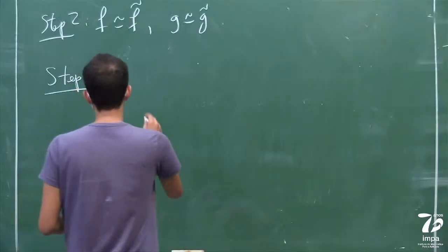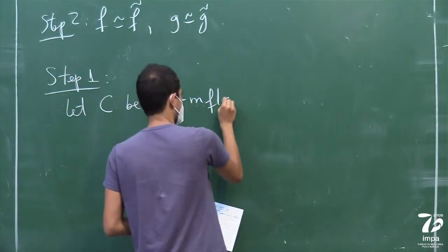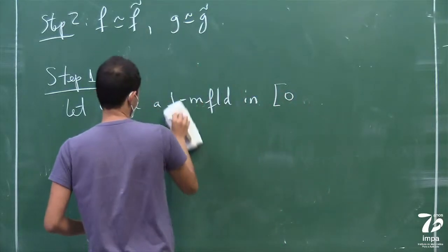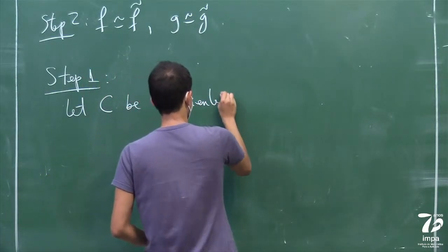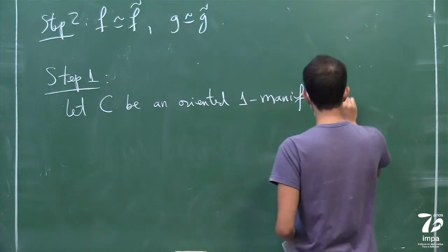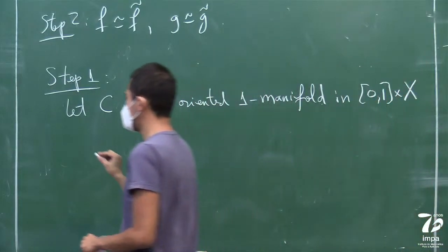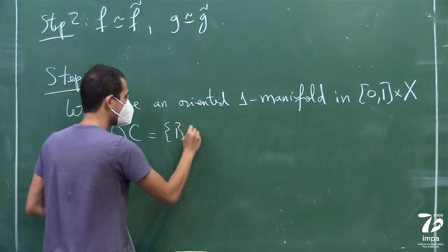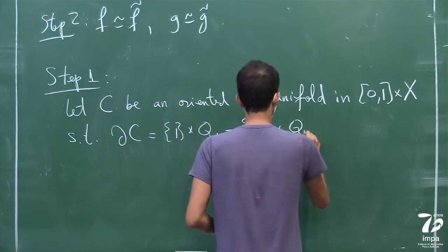So what we're going to do now is construct an oriented one manifold C in the product of [0,1] with X such that the boundary of C is 1 times Q1 minus 0 times Q0.